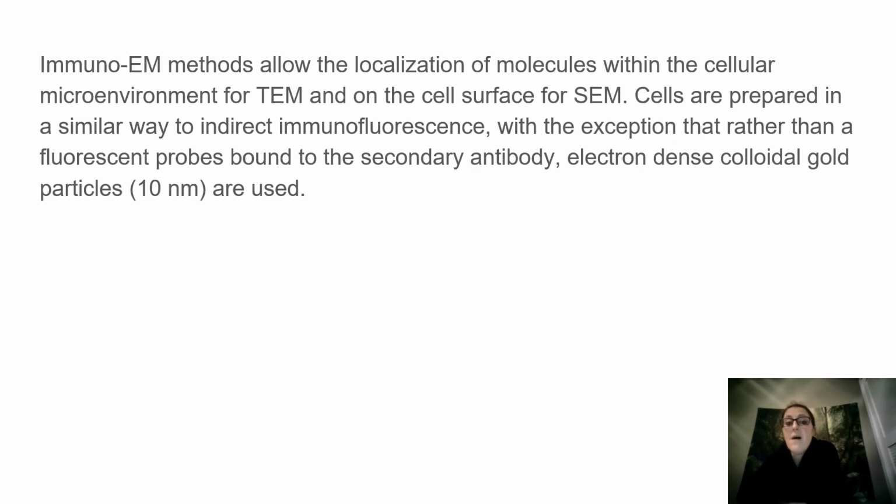Immuno-EM methods allow the localization of molecules within the cellular microenvironment for TEM and on the cell surface for SEM. Cells are prepared in a similar way to indirect immunofluorescence, with the exception that rather than a fluorescent probe bound to the secondary antibody, electron-dense colloidal gold particles, 10 nanometers, are used.